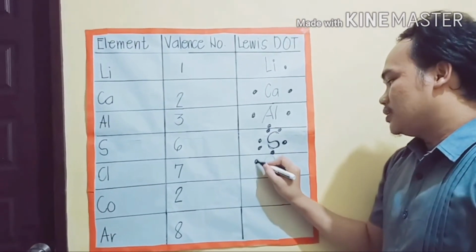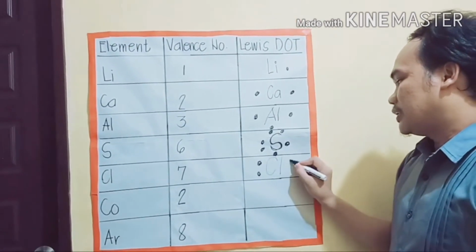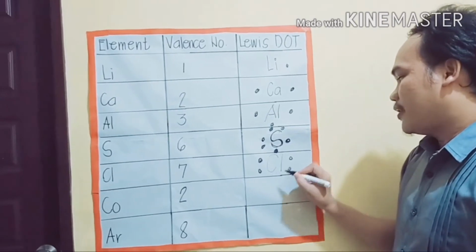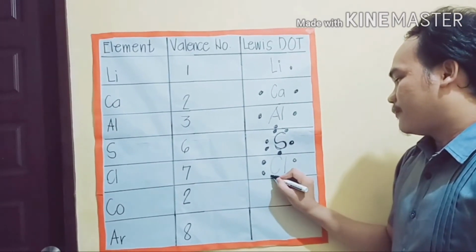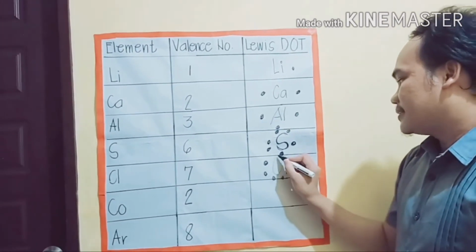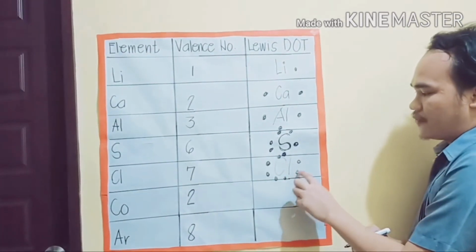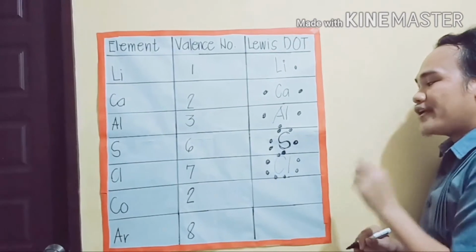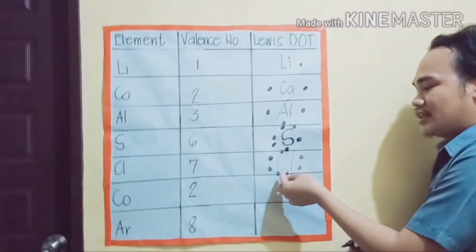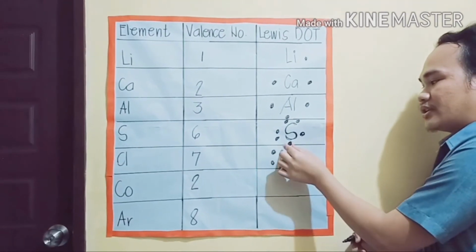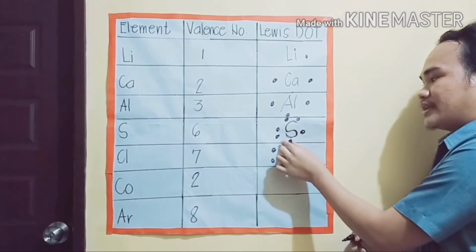So 1, 2, 3, 4, 5, 6, 7. Or you can write 1 here and then the 2, you can reverse the process.